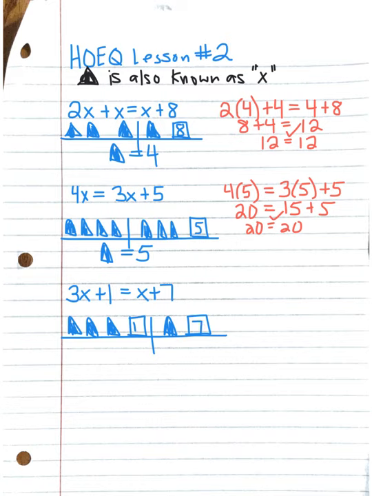So we might find out just through guess and check that our triangle here was equal to 3. And we can do our check. 3 times 3 plus 1 is equal to 3 plus 7. 9 plus 1 is 10. 3 plus 7 is 10. So that checks out.